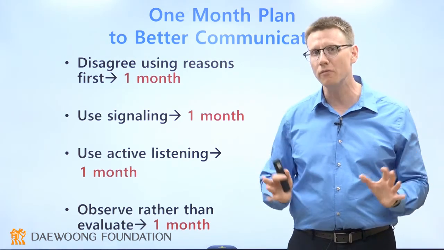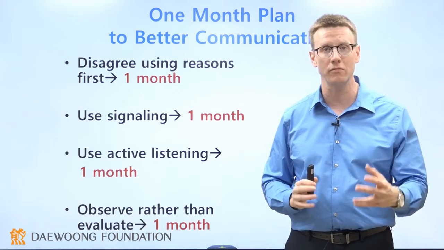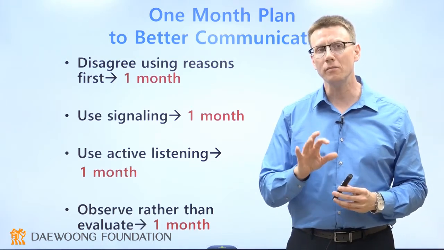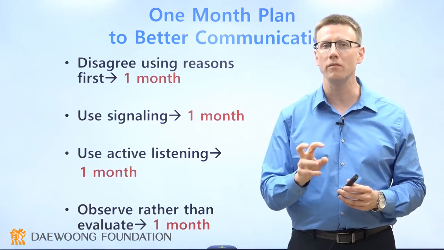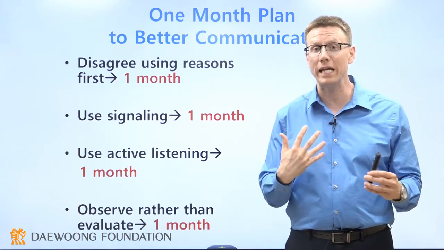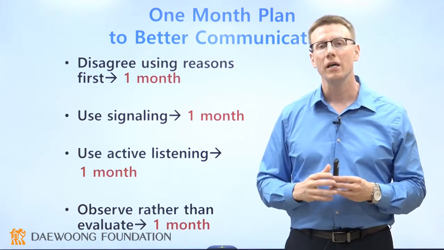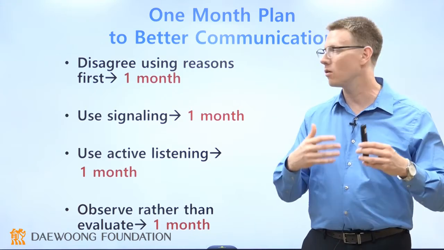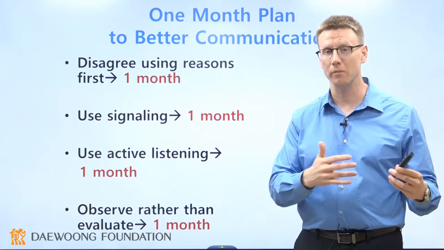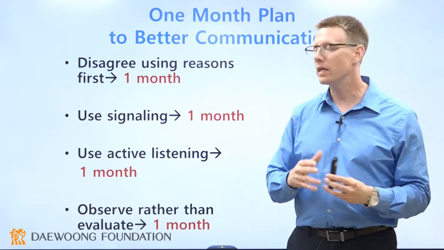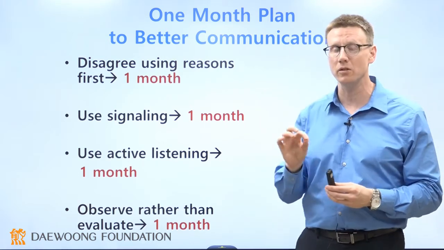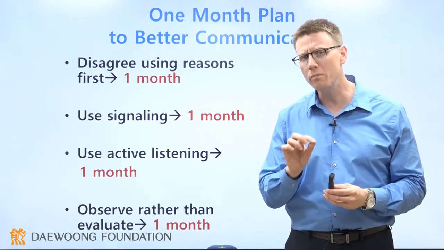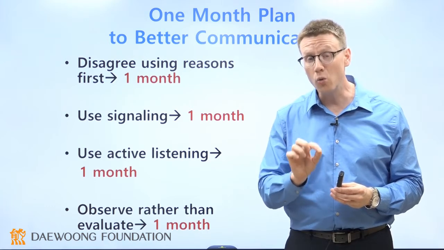In conclusion, I'd like to suggest something to you that I think will be helpful. We've talked about several different ways of being more effective in our communication. It's going to be very hard to master all of these skills at once. Even for a native speaker, it would be very challenging. So what I'd like to suggest is what I call a 1-month plan to becoming a better communicator. So the idea is that you would choose one skill that we've learned, and for 1 month, you focus only on that skill.